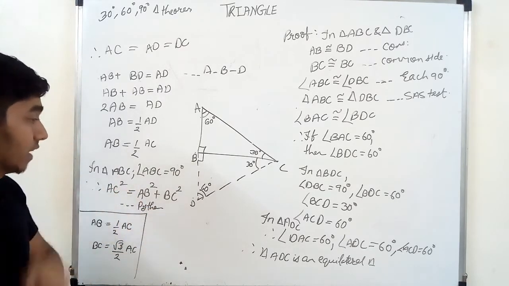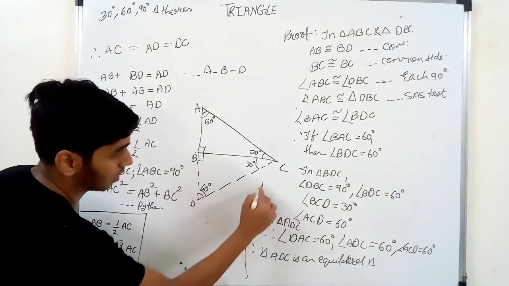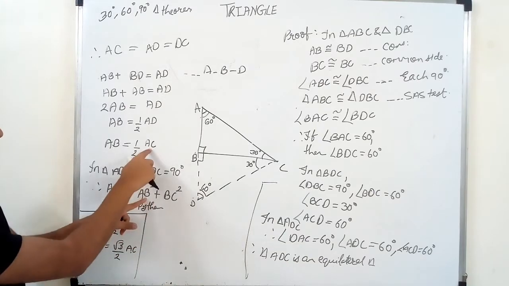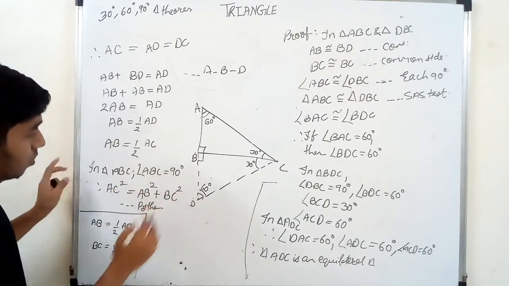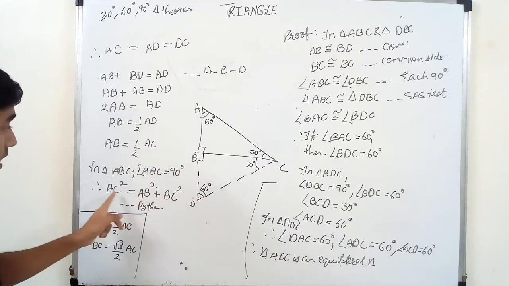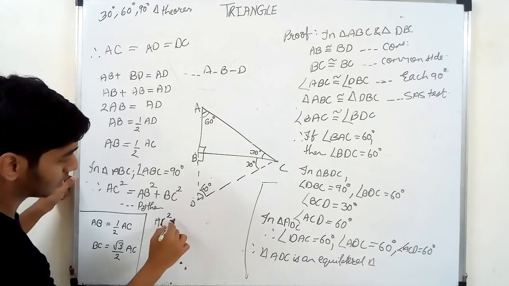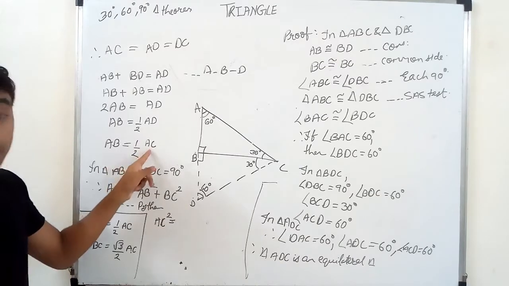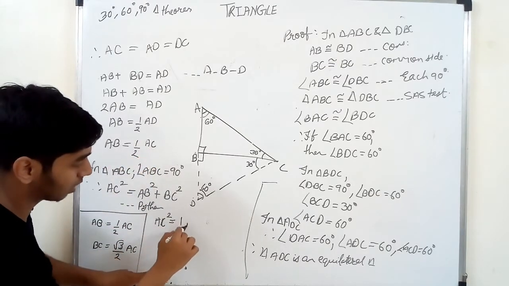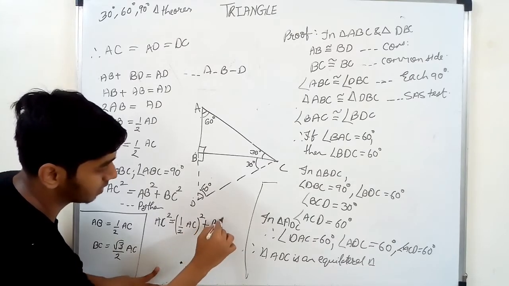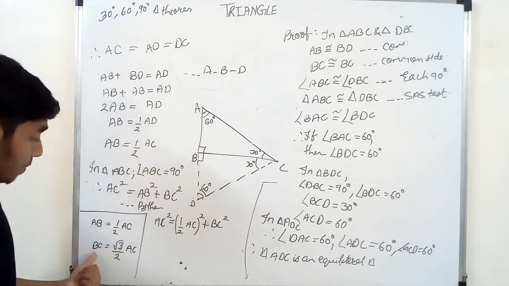After getting this, let's see. Now AB is what? Half of AC. So AC square is equal to, AB is half of AC, so just substitute half AC, squared, plus BC square. Now we want BC here, right?